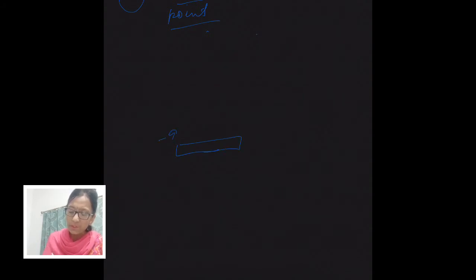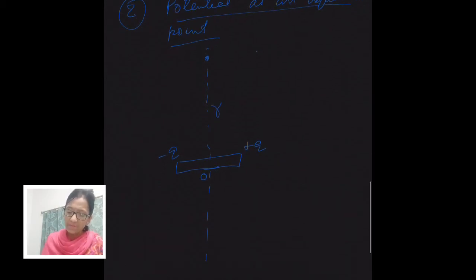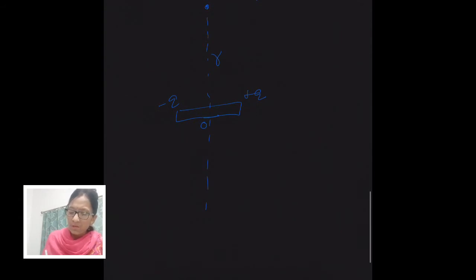dipole with two charges minus q and plus q, and let us pass an equatorial axis from in between the two charges, which is passing through origin O, and we are interested in finding potential at a distance r on this line. As before, the length of this dipole is 2L.